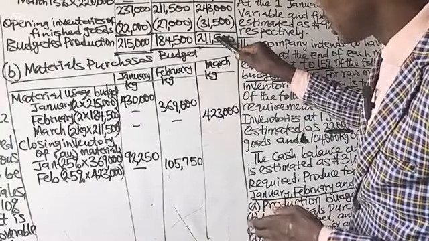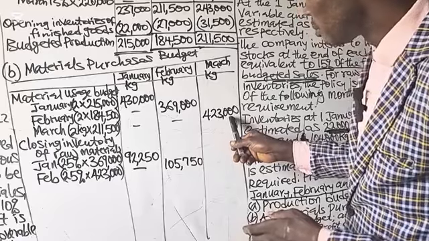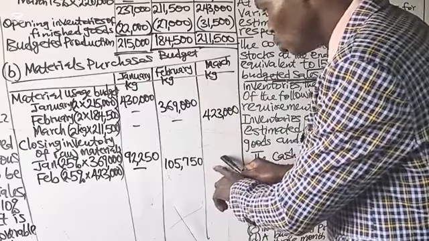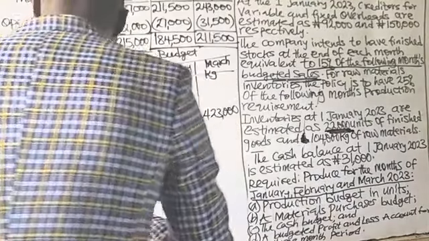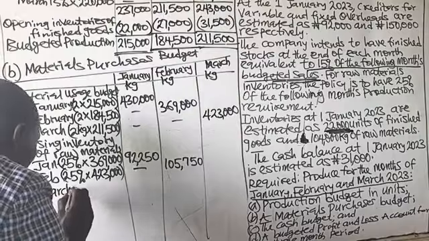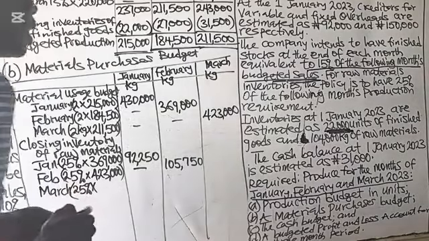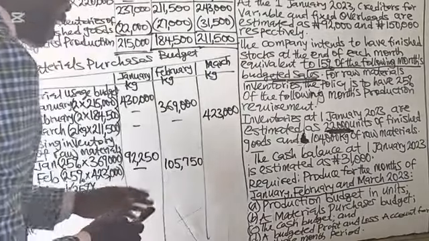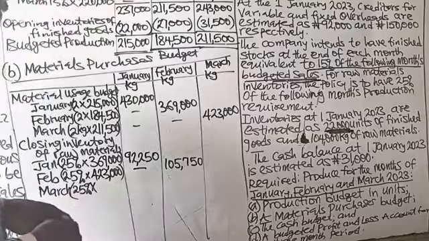So the closing inventory in the month of March will be 25% of what is required for production in the month of April, and we did not have that since we didn't solve for the month of April.